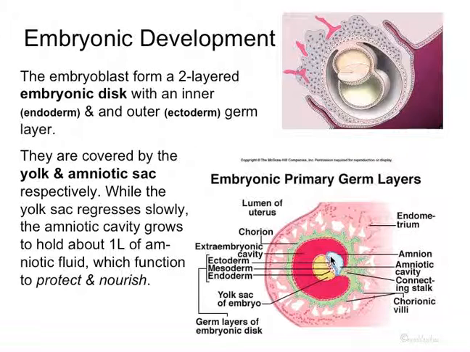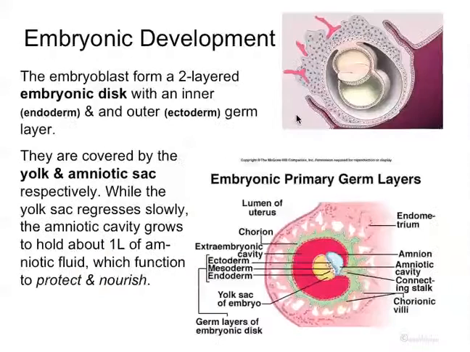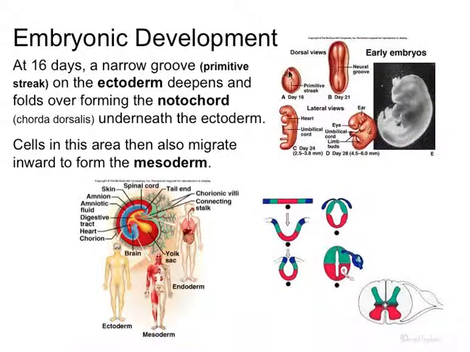The yolk sac regresses slowly, while the amniotic cavity grows to about 1 liter of amniotic fluid, which nourishes and protects the fetus. Now you see this embryonic disc right here. At about 16 days, we have a narrow groove, the primitive streak.